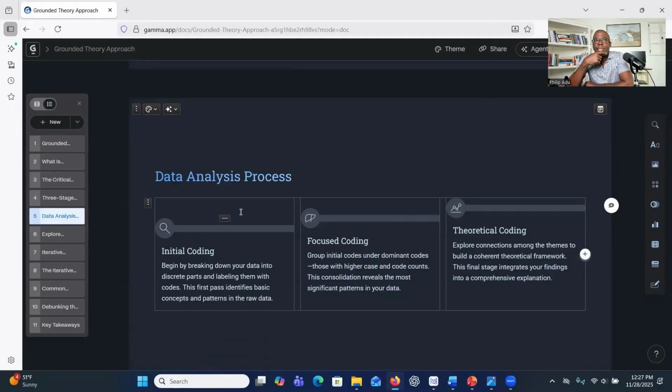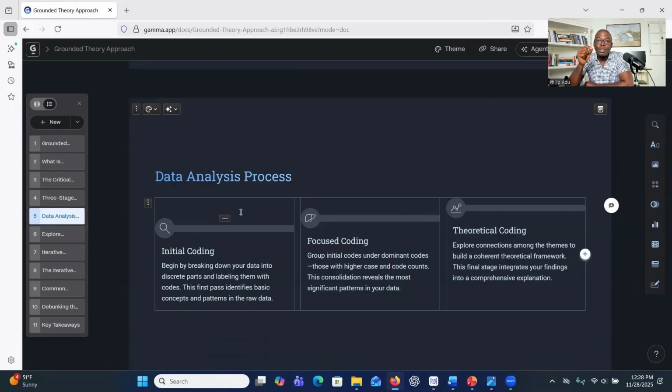Initial coding is where you go through each sentence, we call it line by line coding, go through each of the participants' information and then extract information that is significant based on your research question or based on the phenomenon that you want to explain.